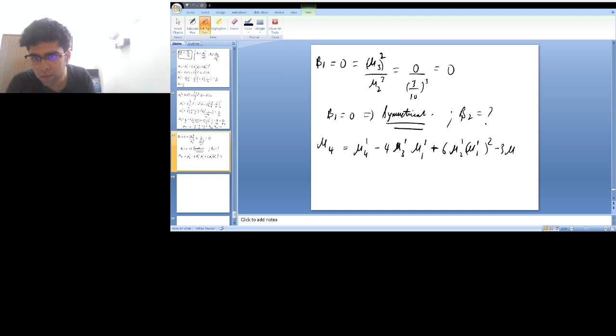It is 3 times the first moment with respect to the origin. Is this formula correct? m4 dash minus 4 mu 3 dash mu 1 dash plus 6 mu 2 dash mu 1 dash whole square minus 3 mu 1 dash to the power 4.